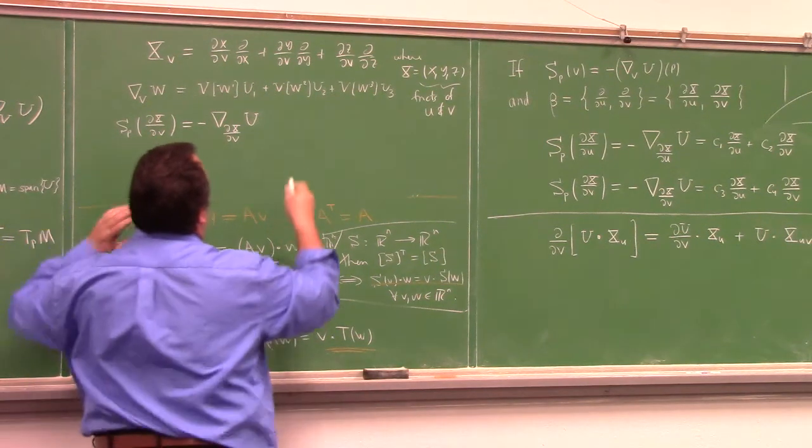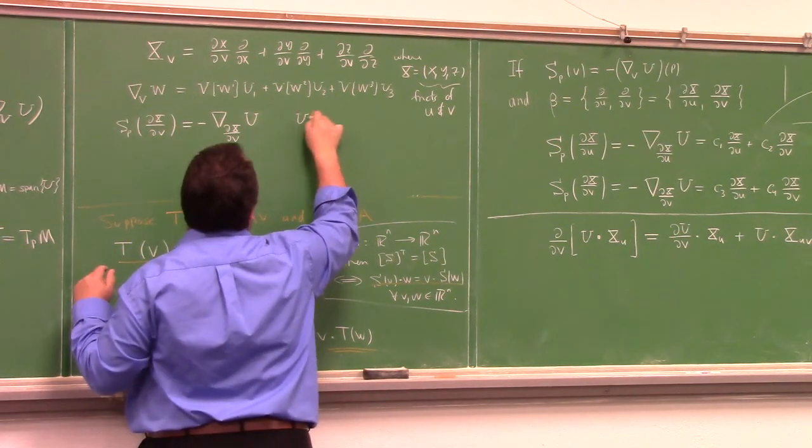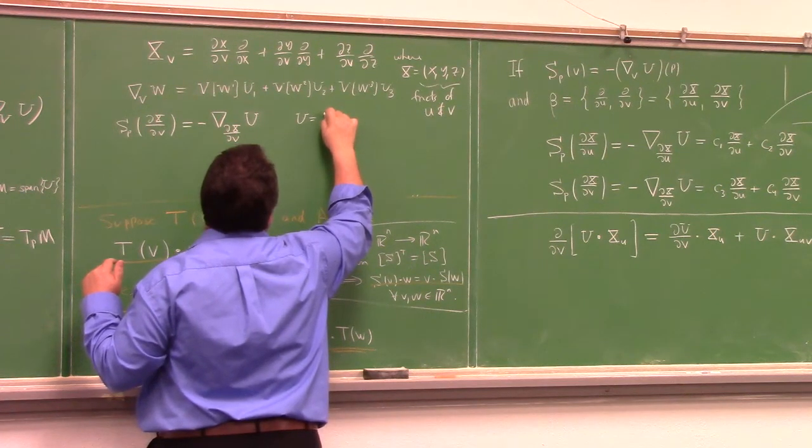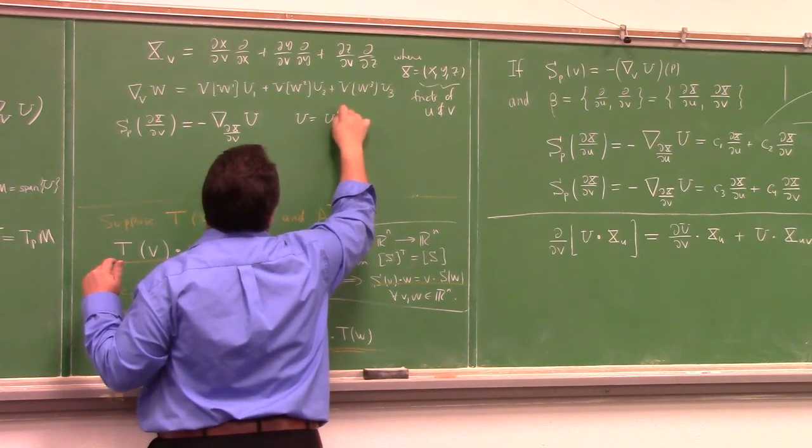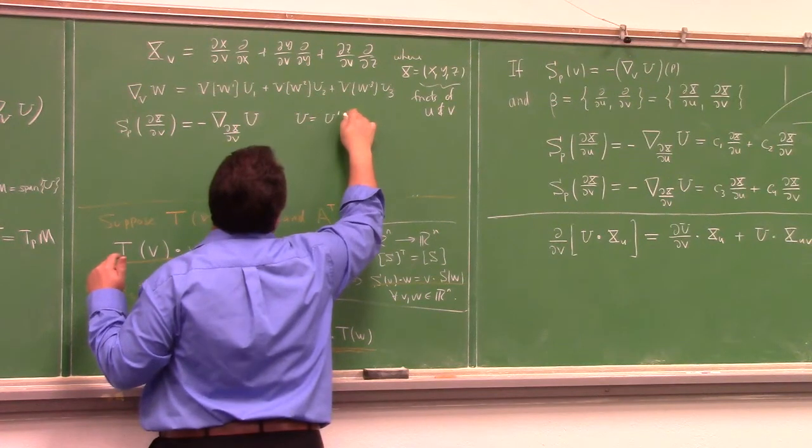So I guess we need to write u as, let's say, big U1, little u.